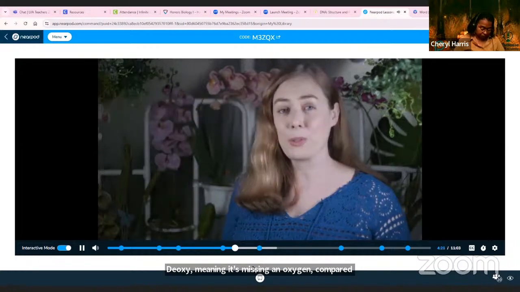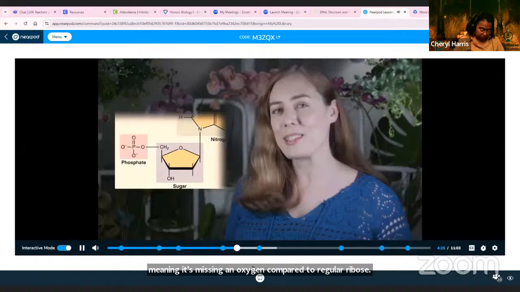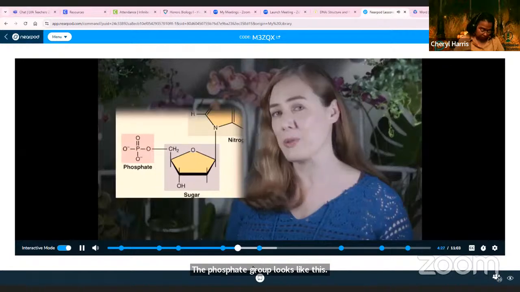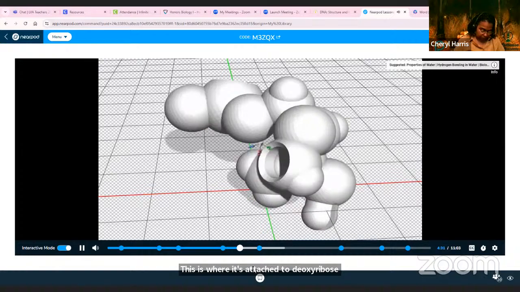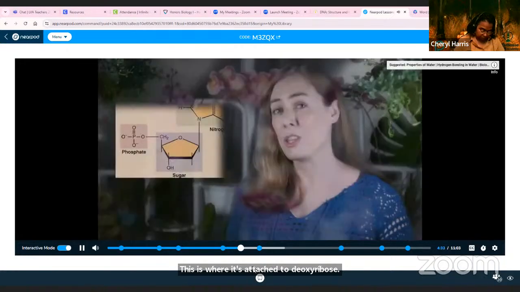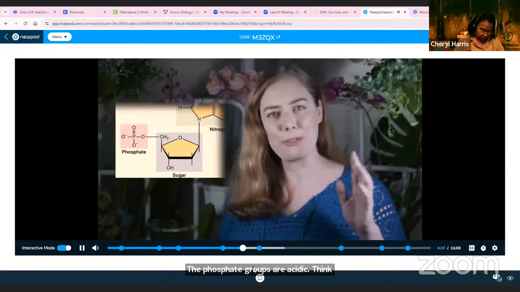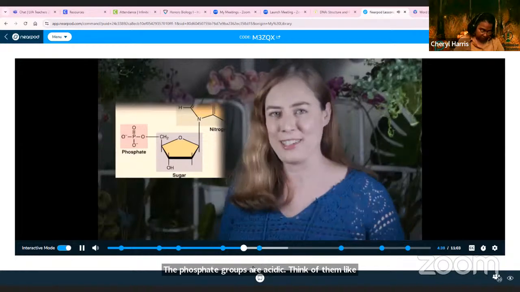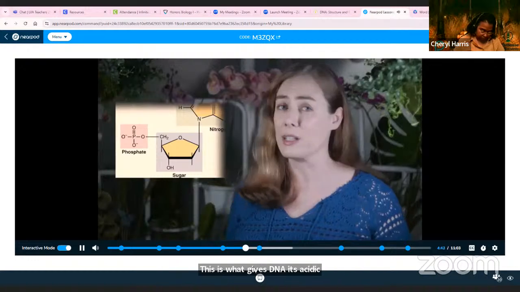The phosphate group looks like this. This is where it's attached to deoxyribose. The phosphate groups are acidic. Think of them like little acidic flags hanging off the structure. This is what gives DNA its acidic nature when in solution in water.